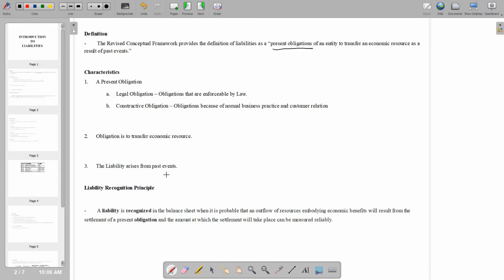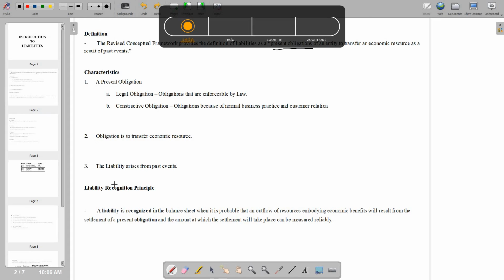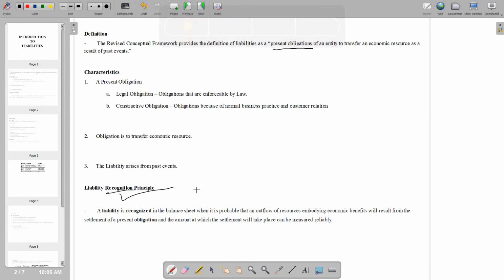Now, we go to the liability recognition principle. When we say recognition or recognized, this is the term where we say it is included in the financial statement.